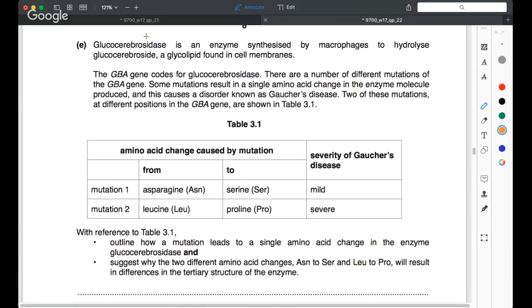Okay. So first one, outline how a mutation leads to a single amino acid change.